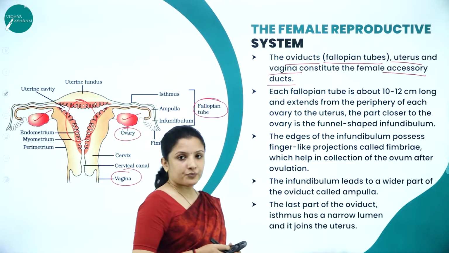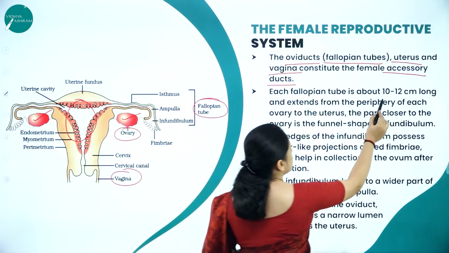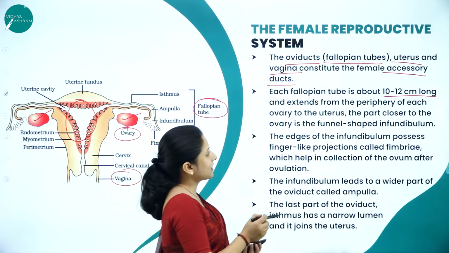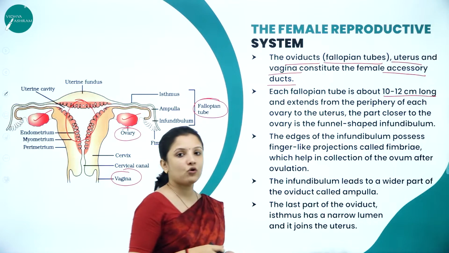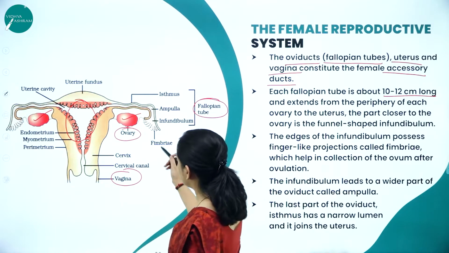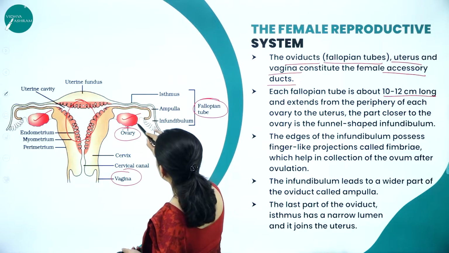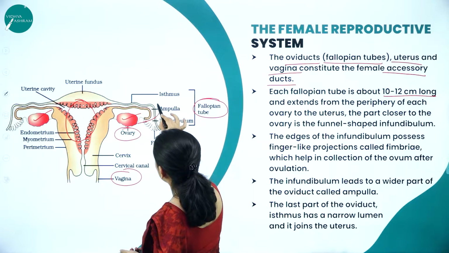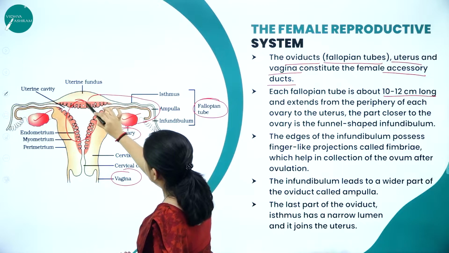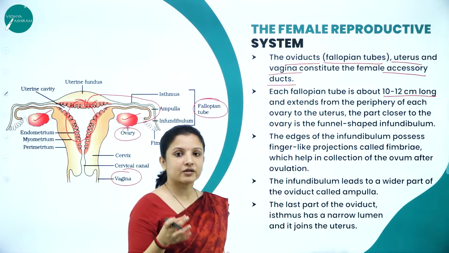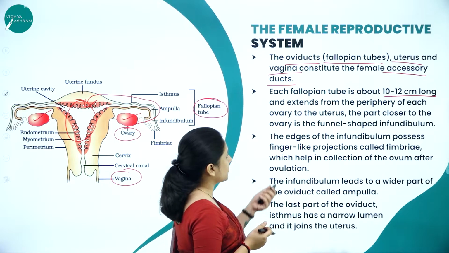Each fallopian tube is about 10 to 12 centimeters in length, and it extends from the periphery of each ovary to the uterus. If you can see here, from the side of the ovary, the fallopian tube extends up to the uterus. It is a duct because it is a tube-like structure.